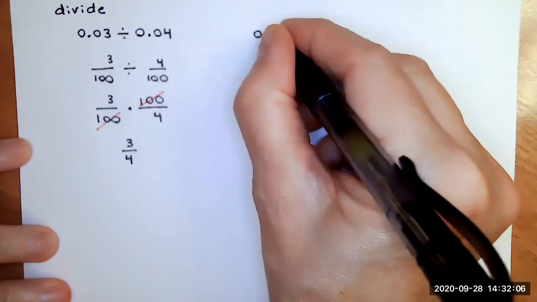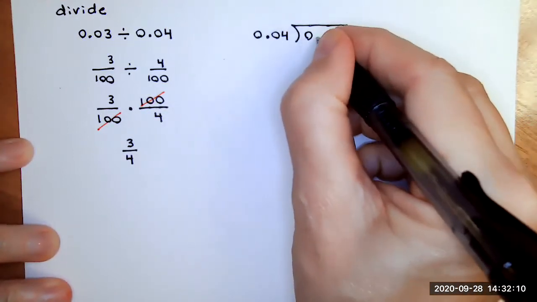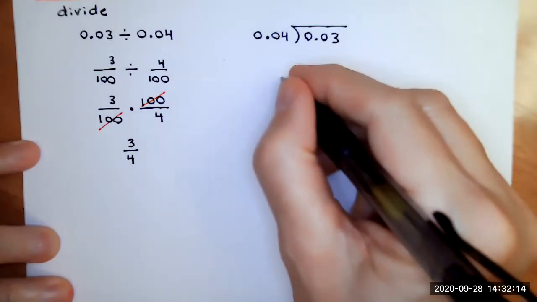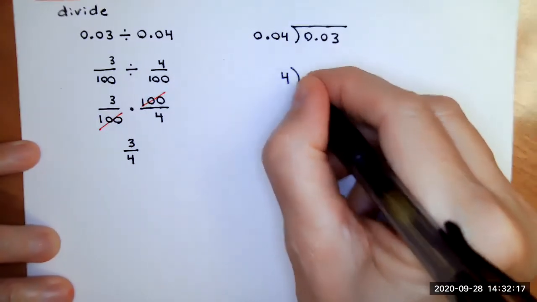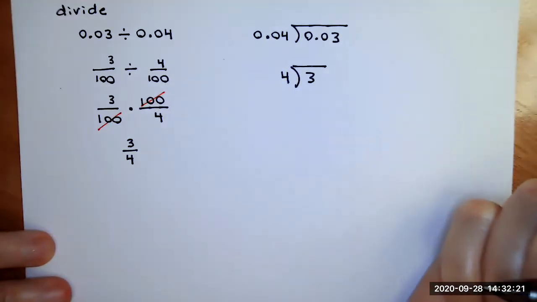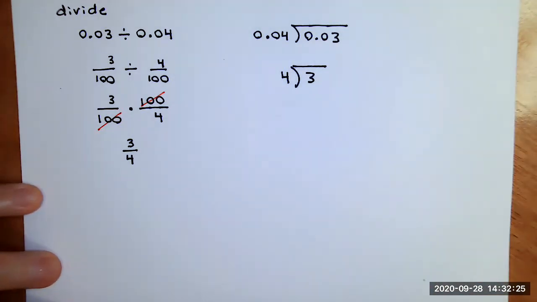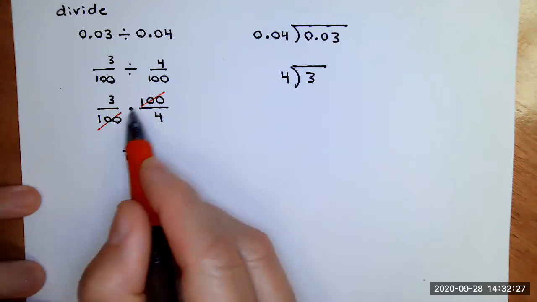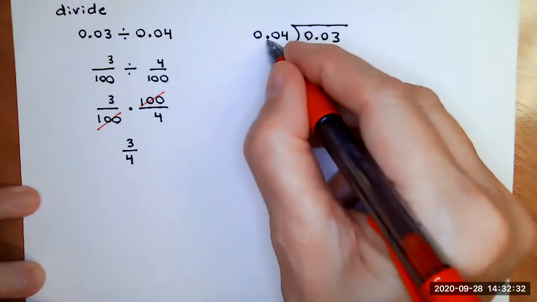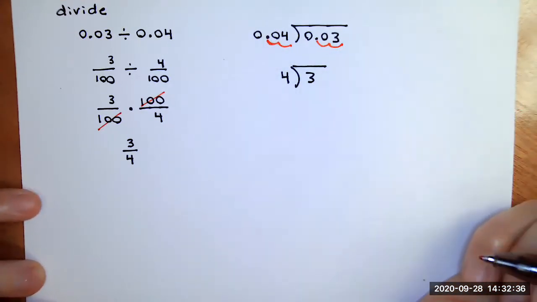So 0.04 divided into 0.03 becomes the same problem as 4 divided into 3. And this part where we canceled the 100 is as if we moved those decimal points the same number of places.